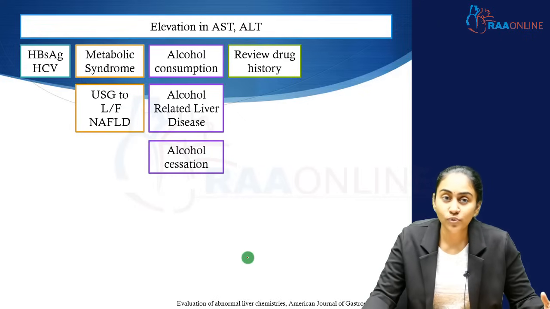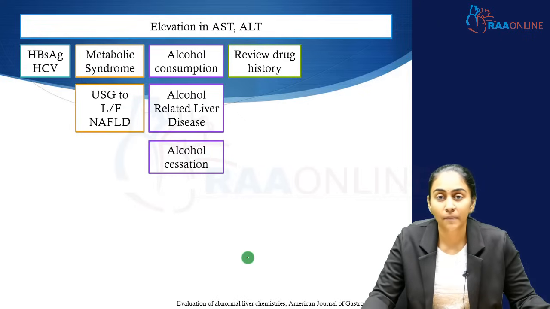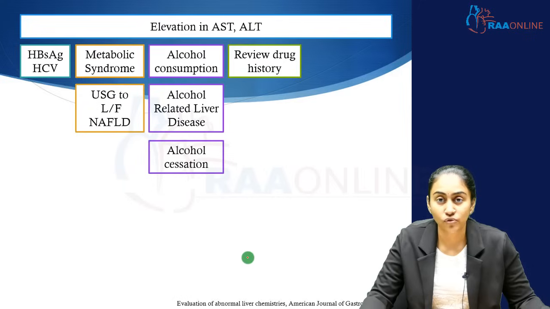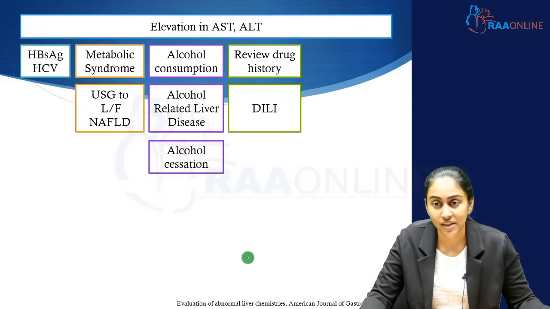Another thing, once you've ruled out chronic viral markers, you've looked at the HBsAg, HCV status, the patient is not obese, has no features of metabolic syndrome, and no history of alcohol consumption, then you will review the drug history. Often, drugs are very important causes of slight elevations in transaminases, so it could be a drug-induced liver injury.